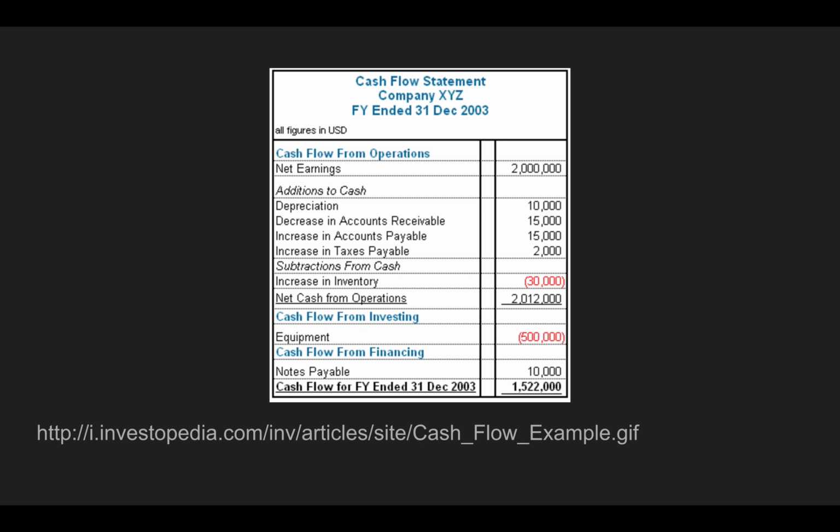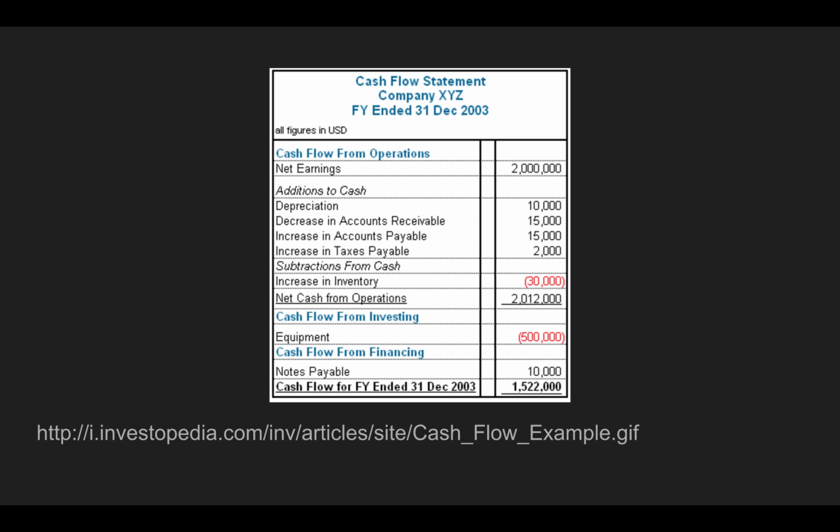Increase in taxes payable is $2,000. And then they put in the subtractions from cash. So the increase in inventory is $30,000. That means that their inventory level at the end of the year is $30,000 more than it was at the beginning of the year.